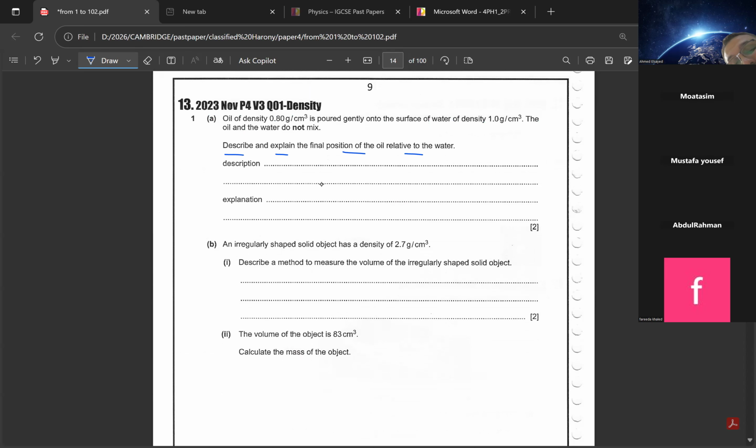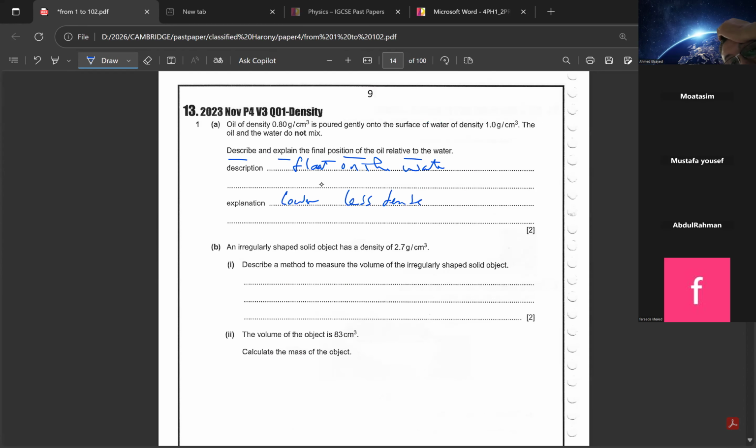The oil and water do not mix. Describe and explain the final position of the oil relative to the water. The oil would not sink and would stay on the surface of the water because it is less dense. Yes, perfect. It will float, right? Yes, on the water. Explanation: because it is less dense than the water. Yes, less dense. Okay, perfect, Mustafa. Thank you.